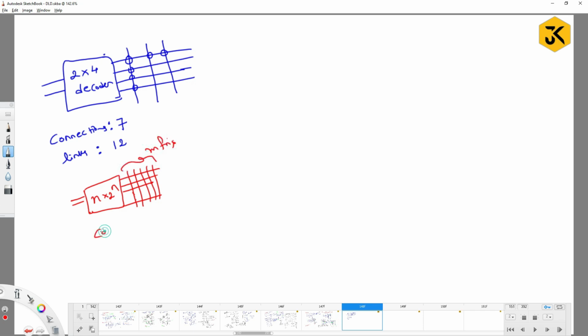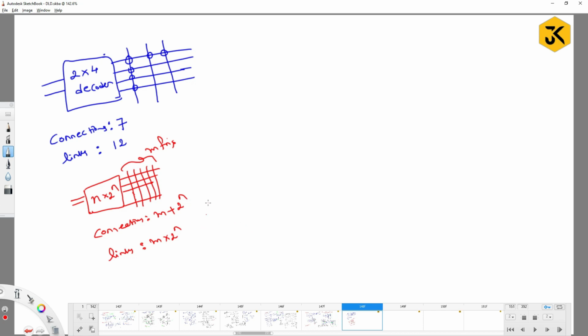Then how many connections are required? M plus 2 power n. Very good. How many links are required? M into 2 power n links are required. So I hope you understood with these examples, right?